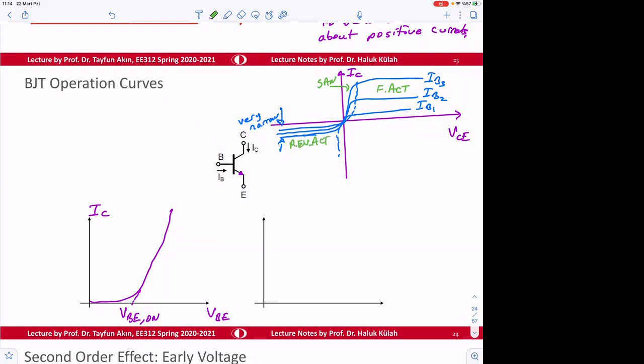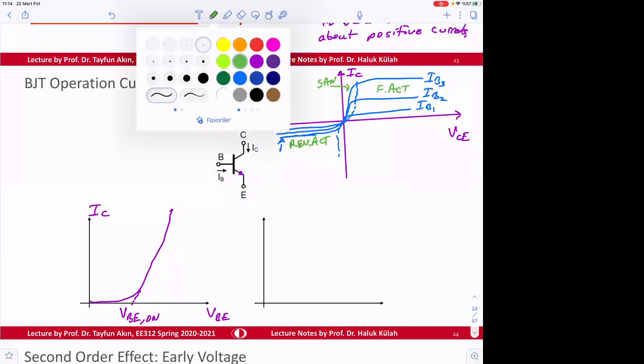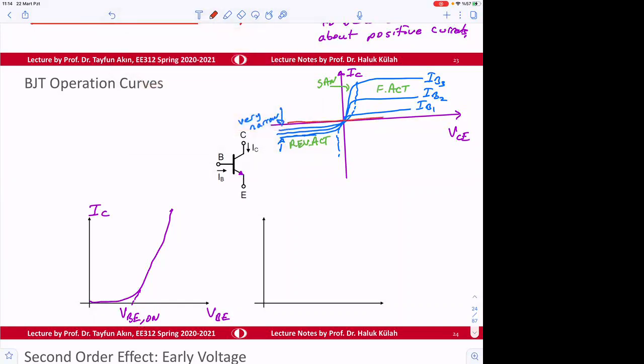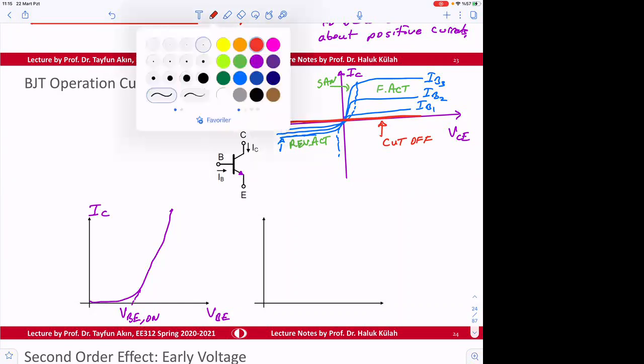And then this region, we can define it like this, is called cutoff. So if we look at all the operation regions, there are 4 operation regions here, as you see.